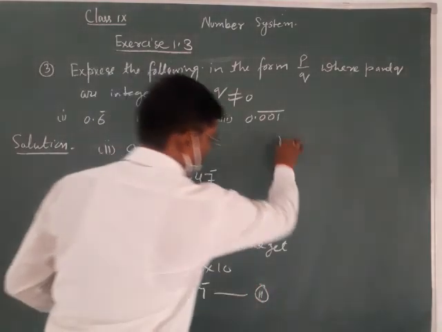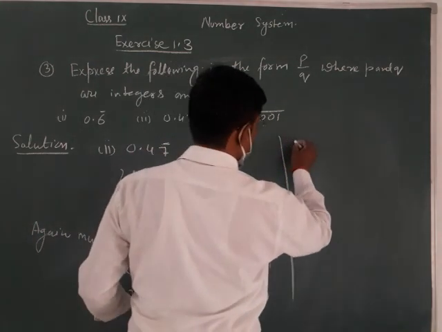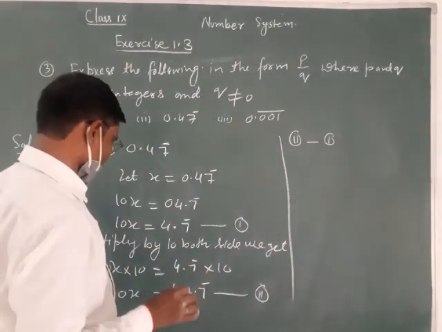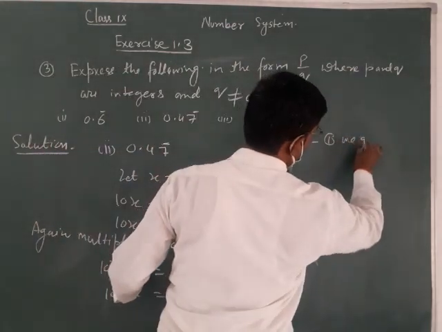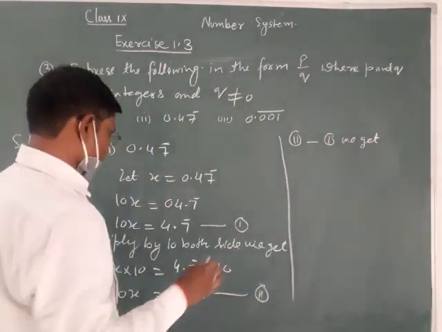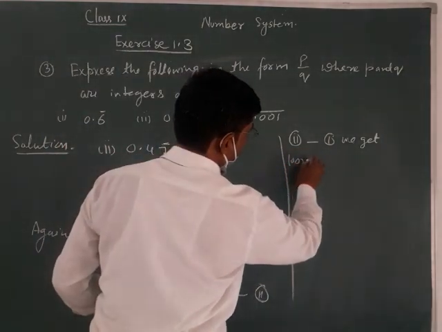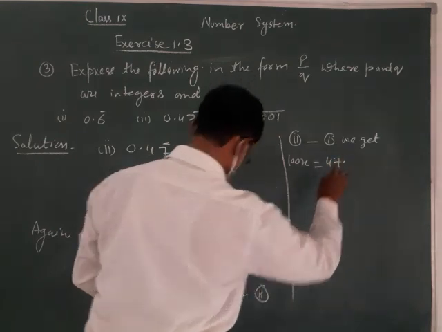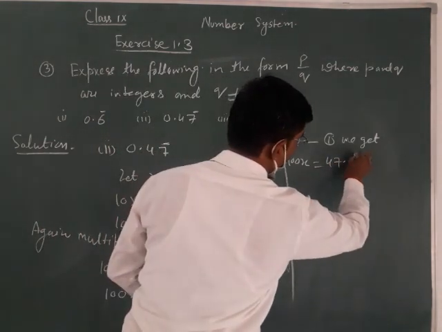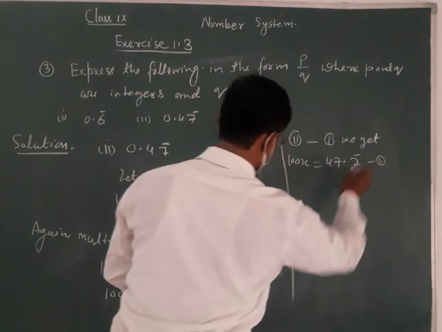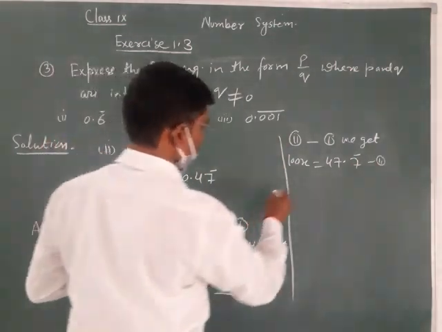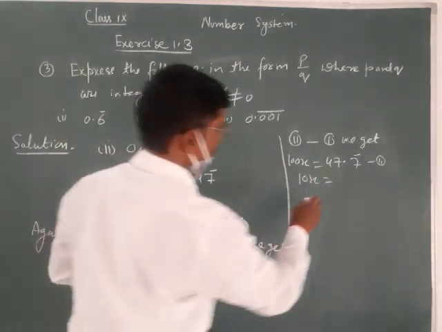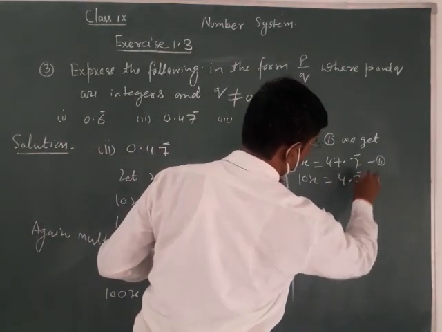So now second equation minus first equation, we get 100x is equal to 47.7 bar, second part, and first equation 10x is equal to 4.7 bar.